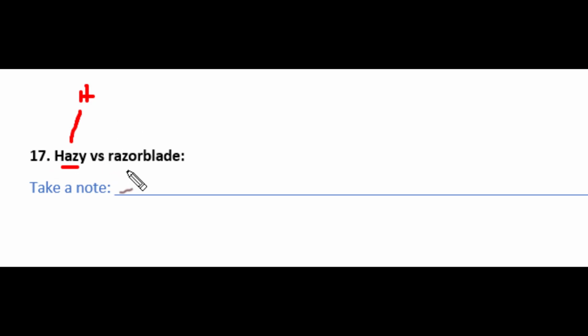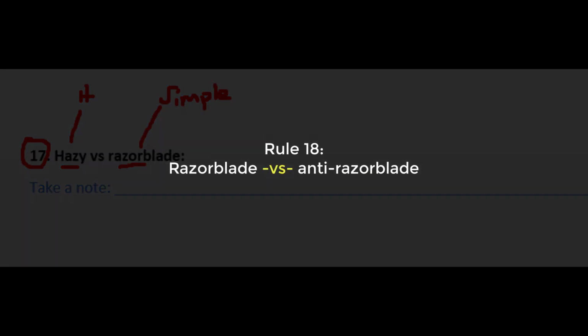Now, when we combine that with the razor blade, which tells us we want stuff that's super simple, what we want to do is make sure that we're as short and simple as possible, but specific enough so we understand what is actually being said and conveyed in the sentence. All right. Short and simple, but not hazy. That's the concept for rule number 17, hazy versus razor blade.